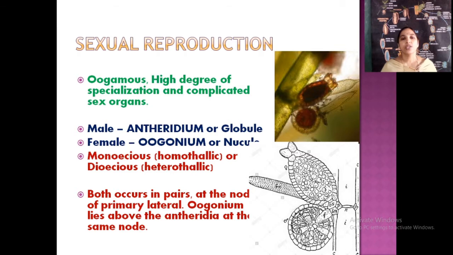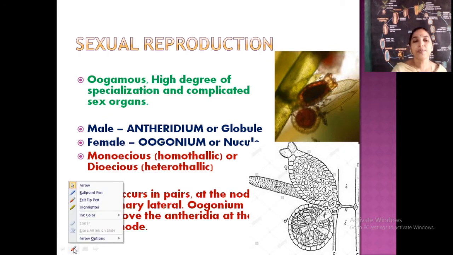Clear? Okay. Both these sex organs occur at the nodal region of primary branches, and usually antheridia lie below the oogonia, or oogonia on top, antheridia at its bottom region. See, this is the diagram. Here you can see how this is forming.